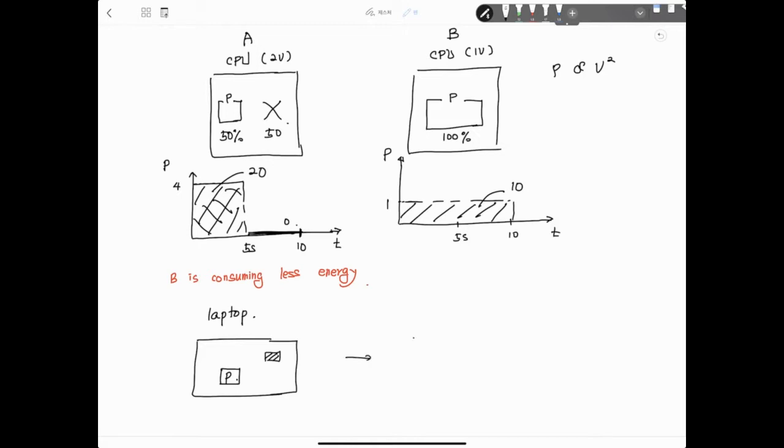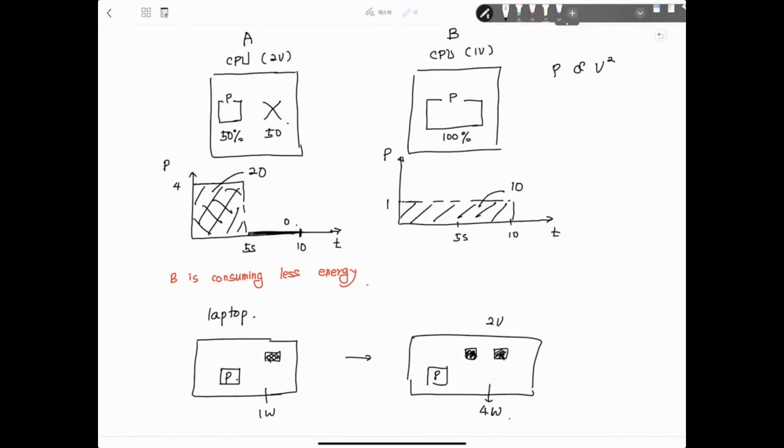But if you are running a heavy program, then it is consuming much more energy. In this case, just a single core, it is 1 watt. In this case, even though there is 2, the voltage is increased, so it is consuming the square in watts.